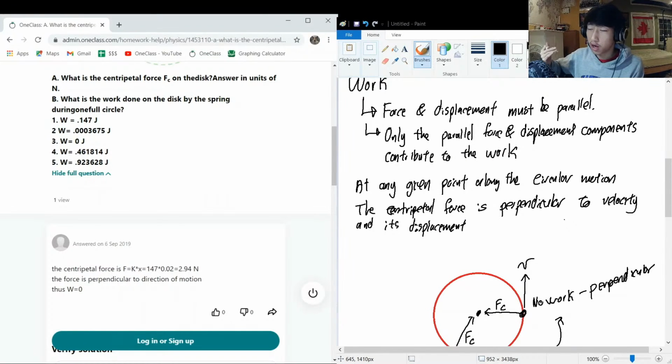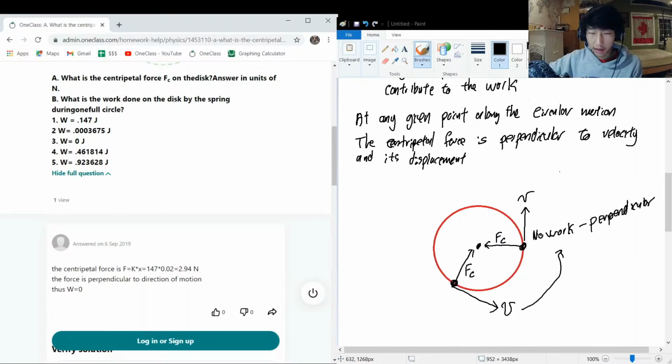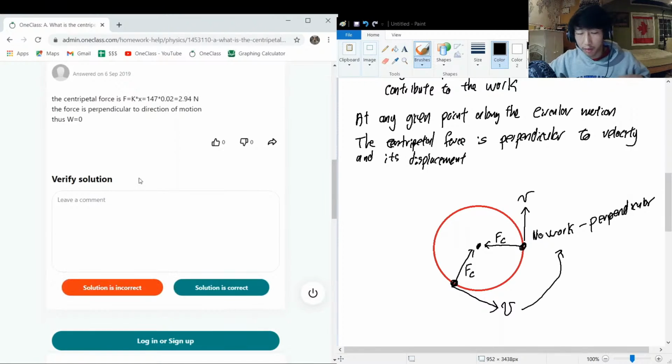Okay, so just remember to keep this in mind. I like to use that shopping cart example. When I'm pushing the shopping cart, gravity's doing no work. It's all me doing the work because gravity is perpendicular to its motion. That similar concept applies here, and we can see fairly clearly that there's going to be no work done because of the perpendicularity.